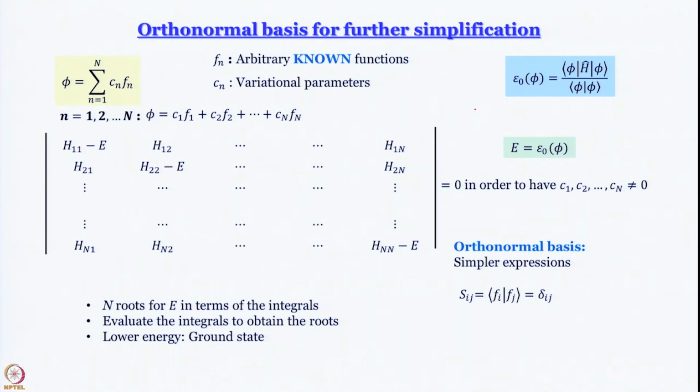if you write Hij, that is equal to the integral of Fi H Fj. The problem is, Fj usually would be the eigenfunction of the Hamiltonian of the system that is solvable exactly.